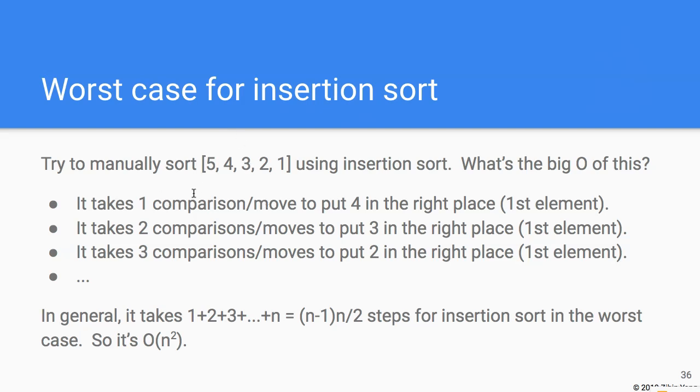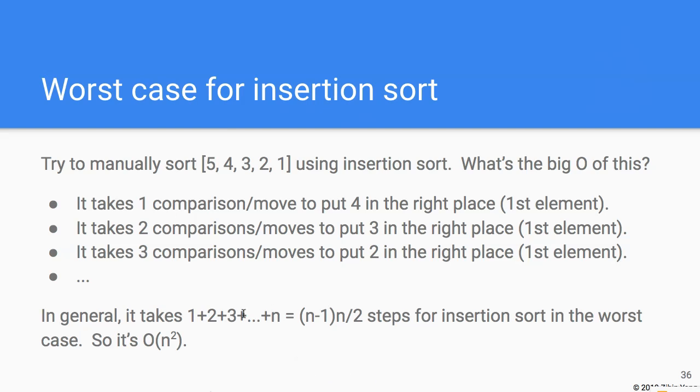Because it takes just one comparison to put 4 in the right place. It would take 2 comparisons to put 3, because 3 now has to go all the way to the beginning. And then again, for 2, it will have to travel the maximum distance to the beginning. And then 1 also has to do the same. So this is, again, absolutely the worst case for insertion sort.